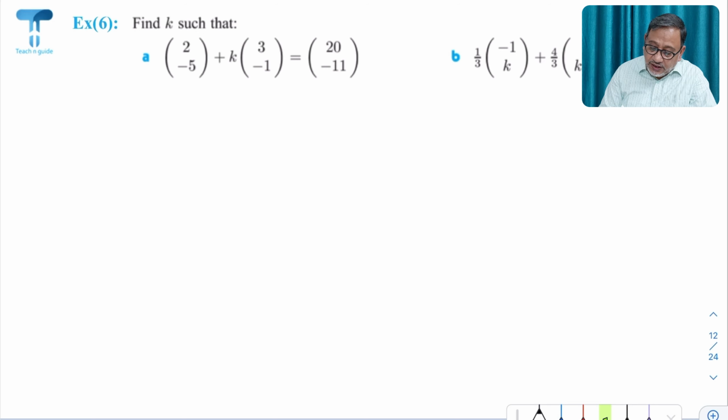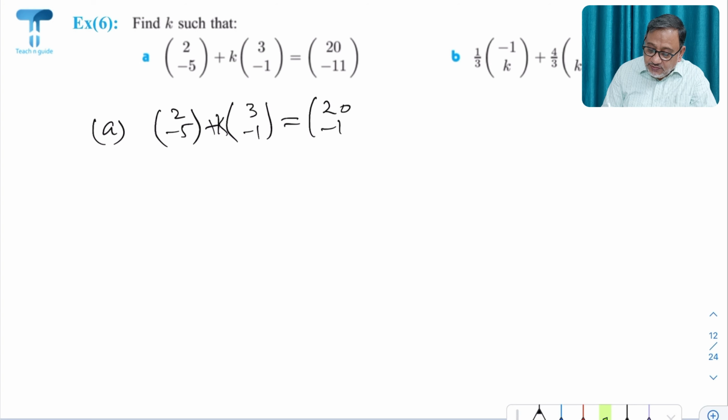So to find the value of k, let us simplify these equations. 2 minus 5 plus k times 3 minus 1 is equal to 20 minus 11. So what I will do is add the respective components, 2 plus 3k.